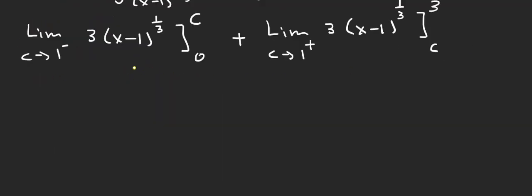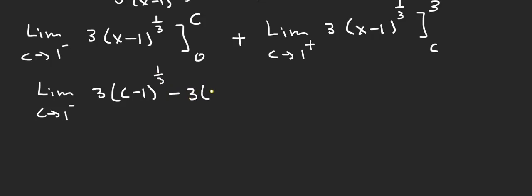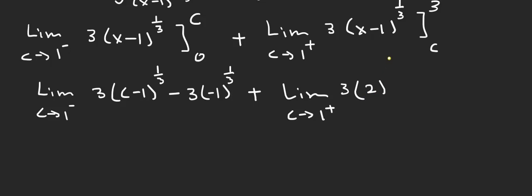So let's evaluate this. You end up getting the limit as c approaches 1 from the left, 3 quantity c minus 1 to the 1/3, minus 3 times negative 1 to the 1/3, plus the limit as c approaches 1 from the right, 3 times the quantity, plug in 3, you get 2 to the 1/3, minus 3 times the quantity c minus 1 to the 1/3.